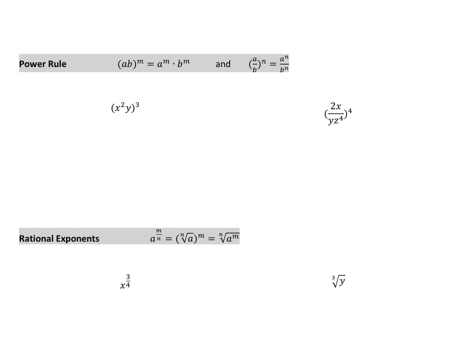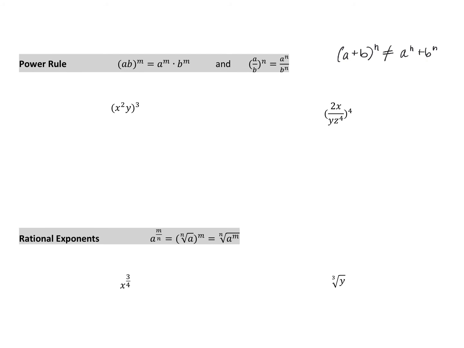You cannot apply the power rule over addition and subtraction. So a plus b to the n is not equal to a to the n plus b to the n. That is not the same thing. So do not do that.